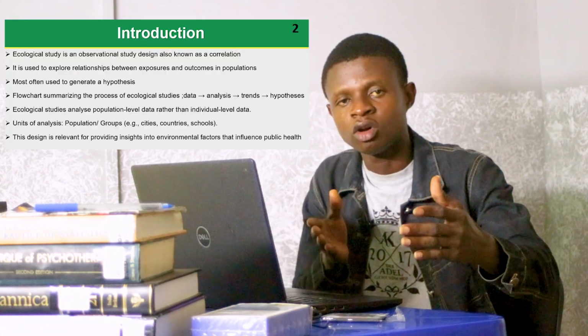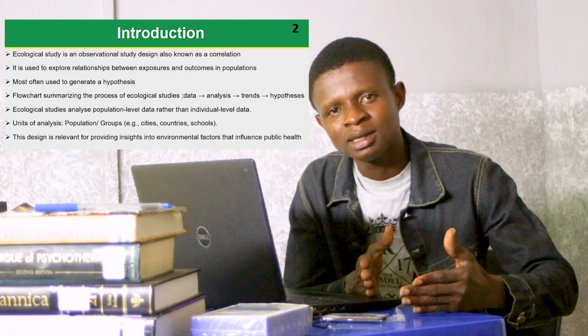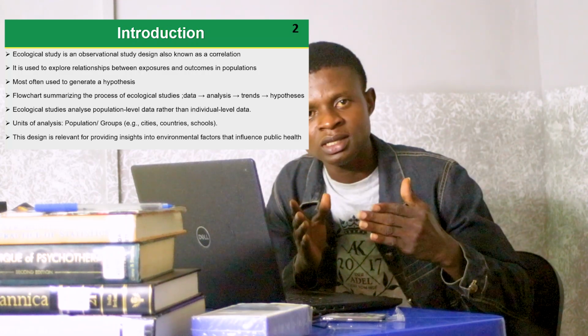And the units of analysis are based on population or groups, so it can be cities, regions, countries, continents. That is what ecological study seeks to determine. Examples of ecological study can be the demographic survey and the population census, because it is done at the whole country level. That is one of the ecological studies.